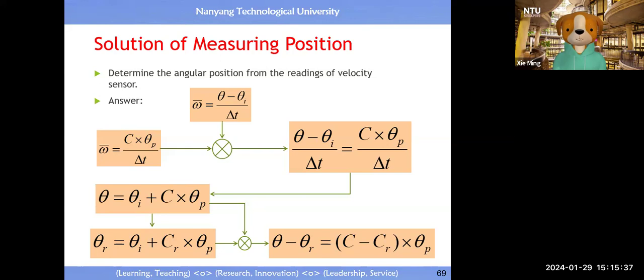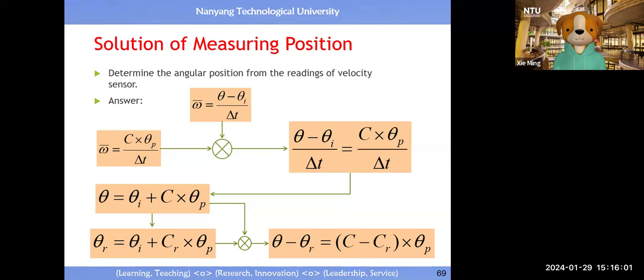The second one is the equation of the measurement computation, right? When you equate them together, you can cancel out the delta T, the time duration. Then you have the actual position equal to theta I plus C times theta P. Theta I is the initial position, but this one we don't know, right?